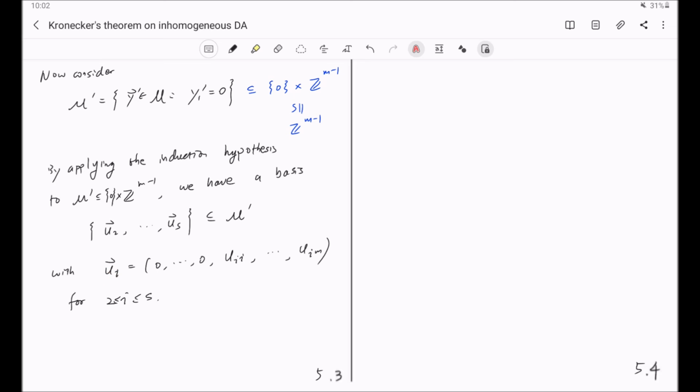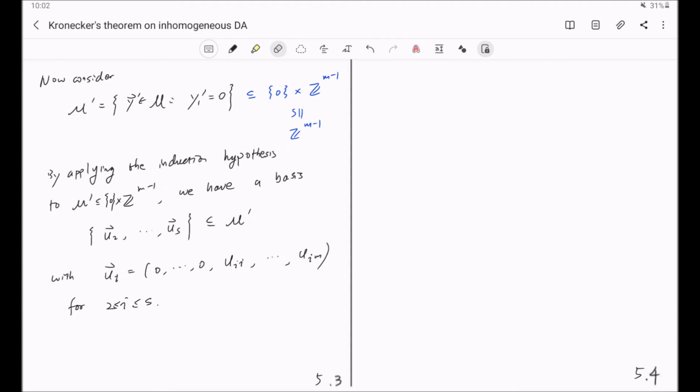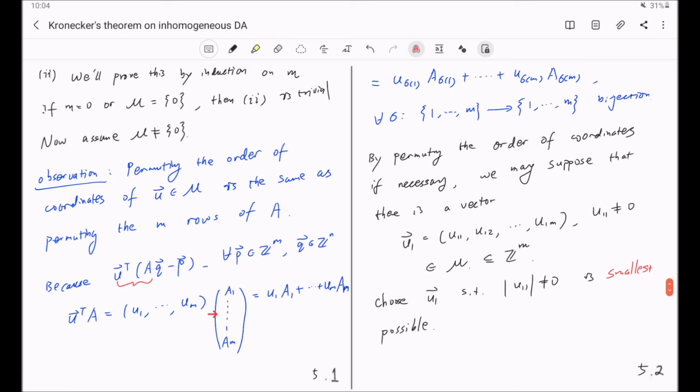So that this u sub i for i greater or equal to 2 and less than or equal to s will still have the same number of components as u sub 1. And I should say basis of M prime. And here I should emphasize that uii is non-zero. Again, as I remarked earlier, this can be achieved by permuting the rows of A, the matrix A, as in here.